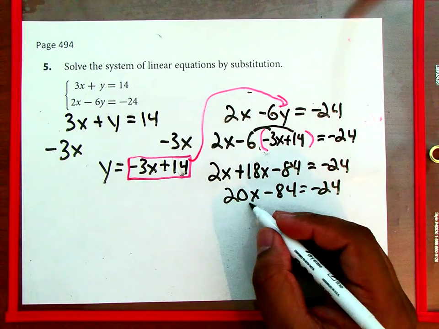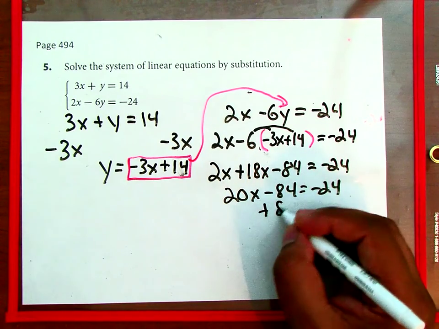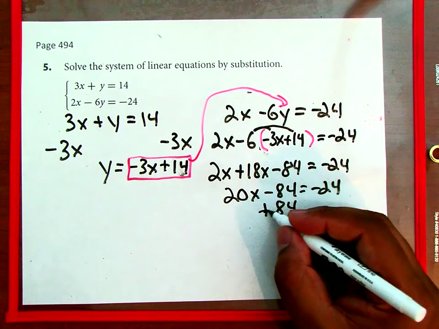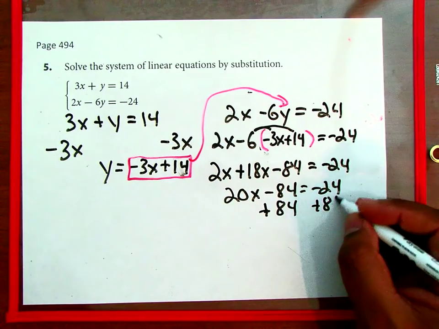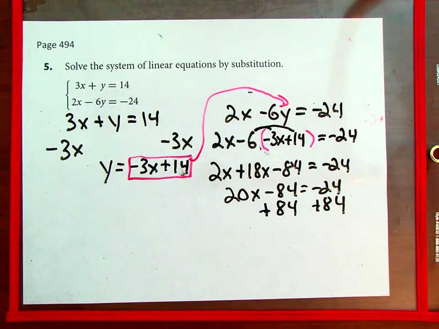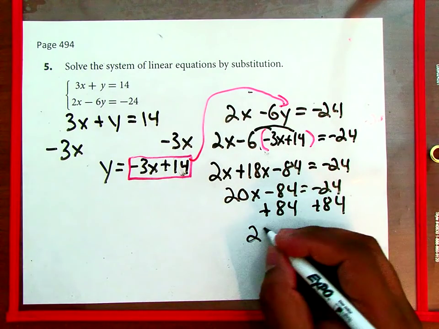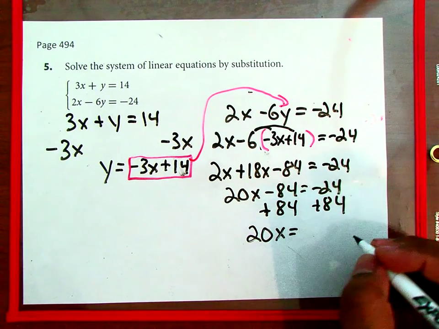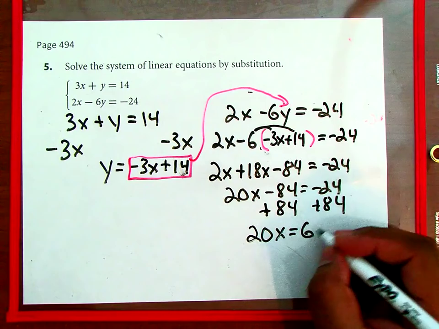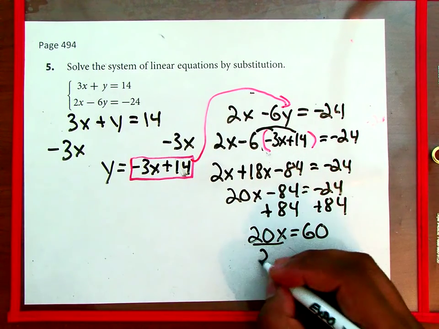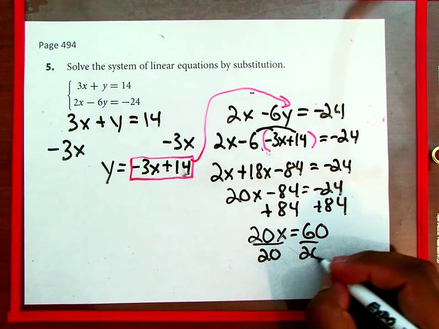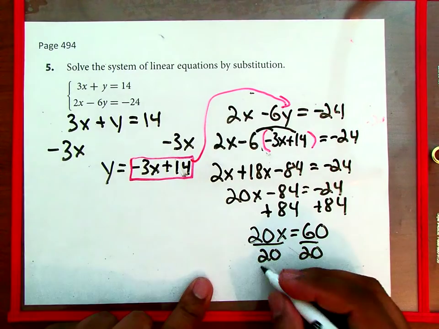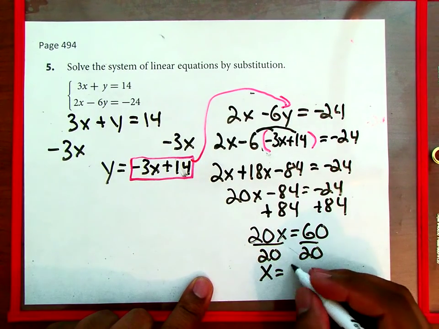I isolate the variable by adding 84 on both sides, which gives me 60. Then finally I divide by 20, and x is equal to 3.